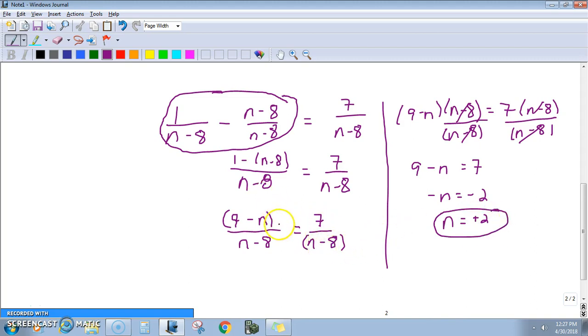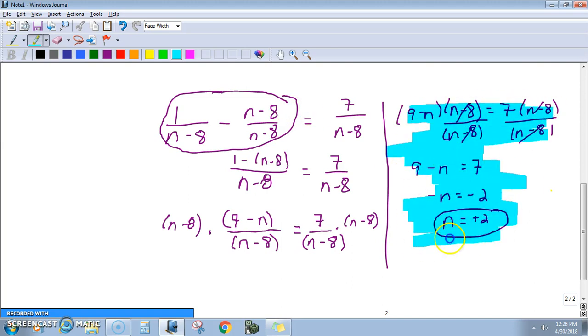For those of you who don't cross multiply, you still multiply by the denominators. That's okay. It's just that both of the denominators are the same, right? So we have n minus 8. If you did it that way, it would have been a lot easier because, check it out. All of this in blue is one way to do it from here.